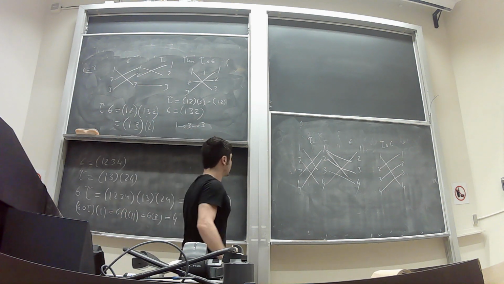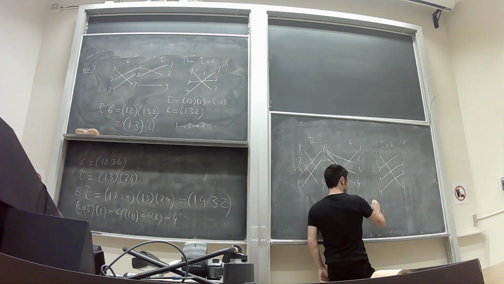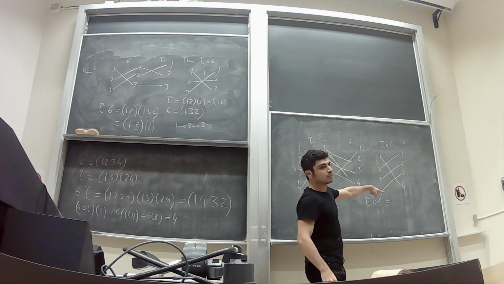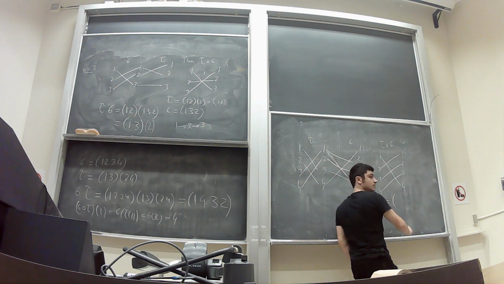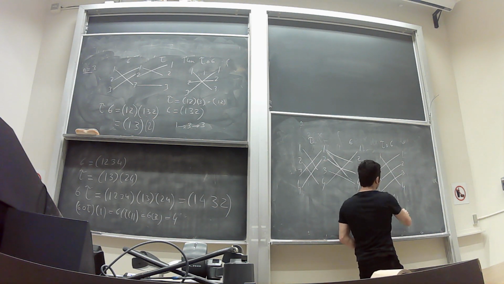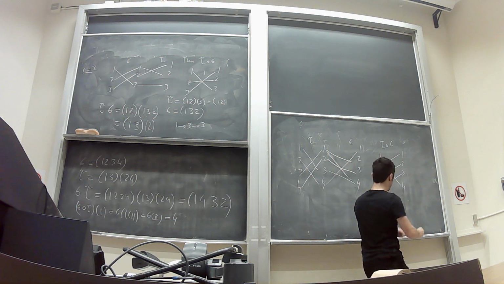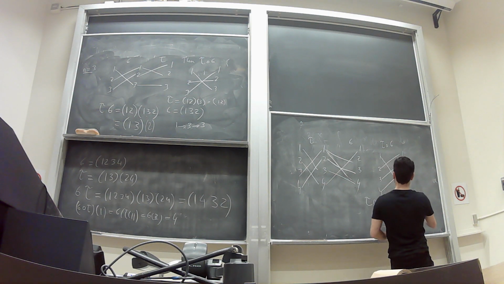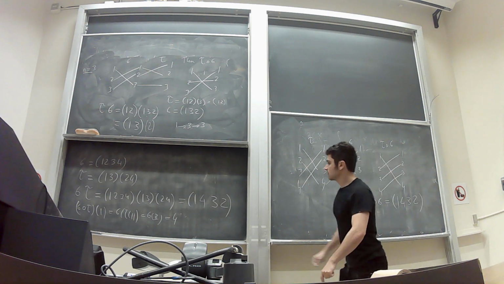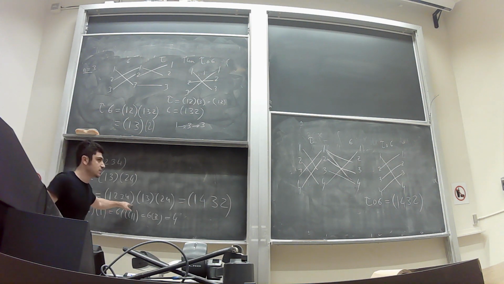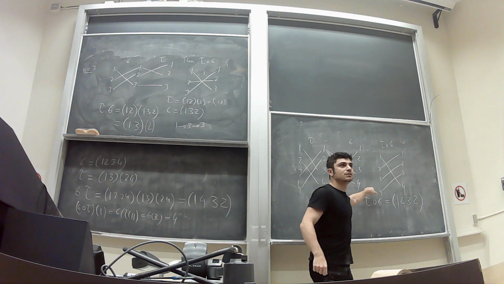Now how do you write this in a nicer way? Where do you want to start? 1. Where does 1 go to? 4. Where does 4 go to? Where does 3 go to? When you multiply them, what is better, this one or this one?